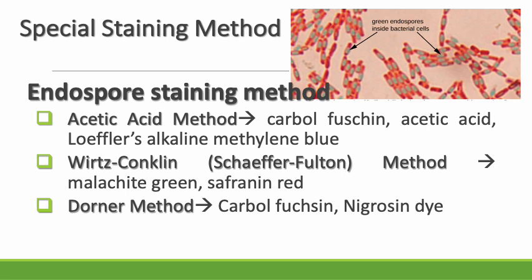The most commonly known endospore staining method is the Ritz-Conklin or the Schaeffer-Fulton method, which employs malachite green as the primary stain, and its secondary stain would be safranin red. Its mordant is heat, just like the AFB staining method.